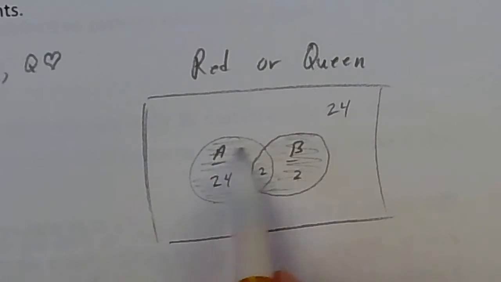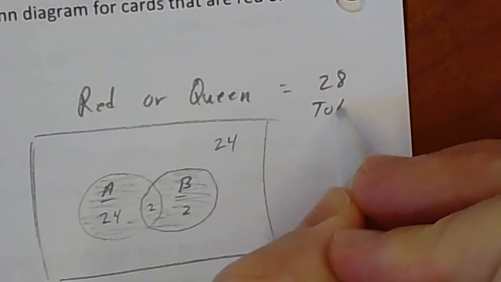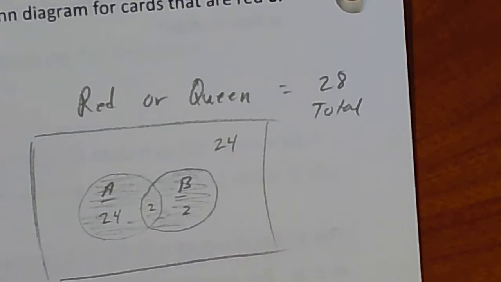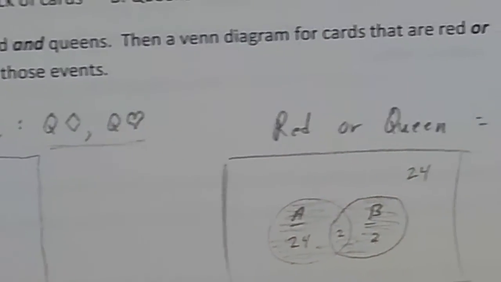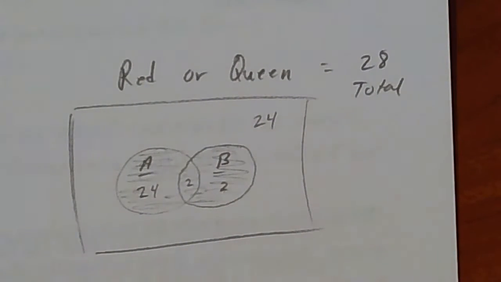Red or queen, it would be all 28 of those events. All right, so red or queen would say there's actually 28 total that satisfy that. Red and queen, we only had 2 total. I didn't write 2, but we had the 2 events right there, right? Okay. So those words matter. Pay attention to it.